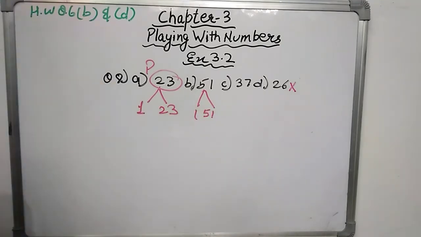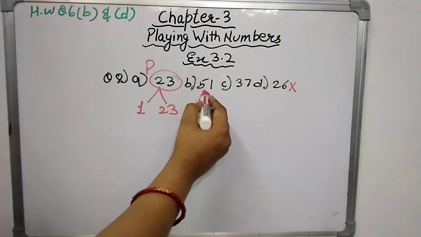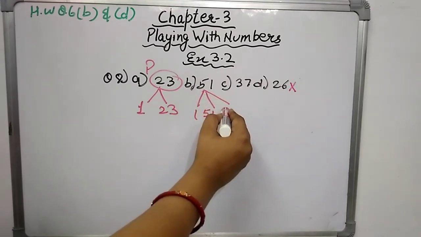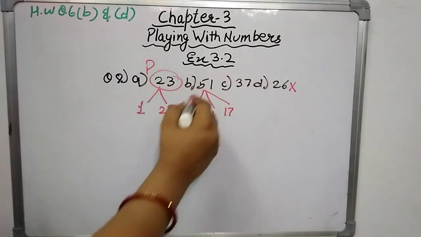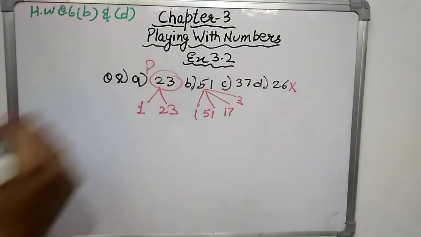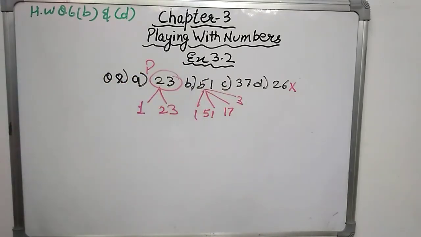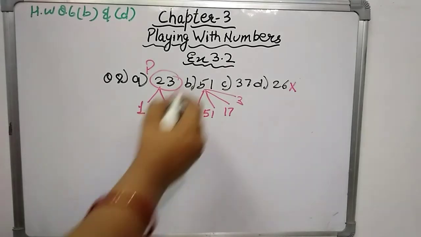But this 51 can be divided by 17 and 3 also. So 17 and 3 are also factors of 51. So 51 has 4 factors, but prime numbers have only 2 factors, that is, one is the number itself and the other is the number 1. So 51 is not a prime number.